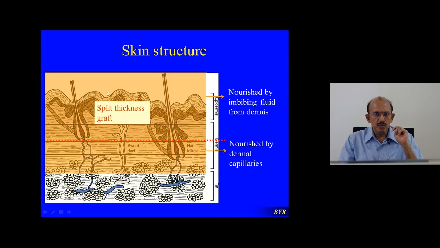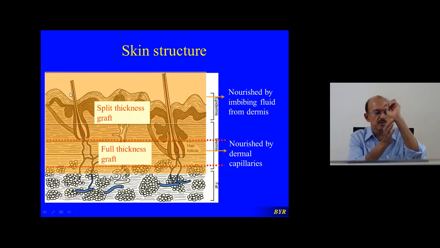If you remove the epidermis and part of the dermis, we call this a split thickness skin graft or partial thickness graft. If you remove the whole skin, including the dermis, it is called the full thickness graft. So when you take away a split thickness graft from one part, that means this part is being lost.